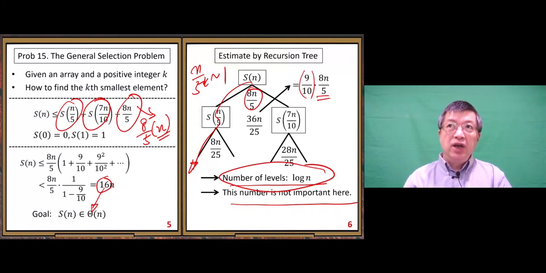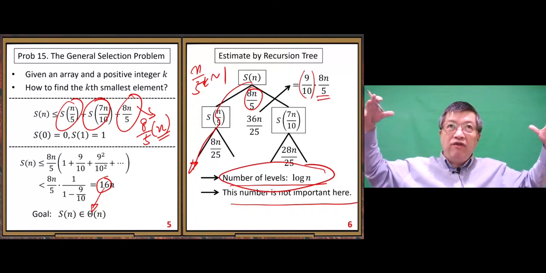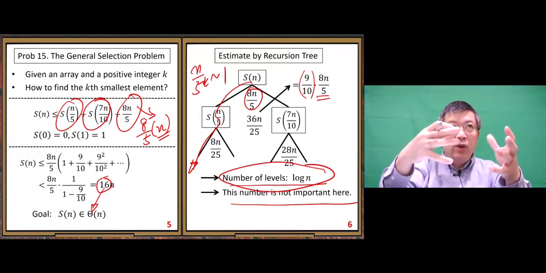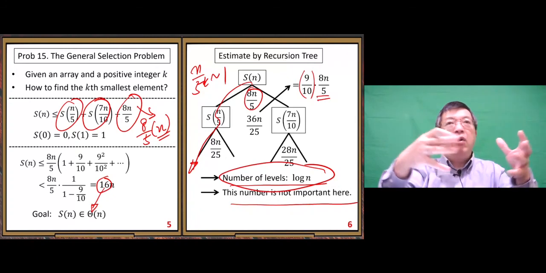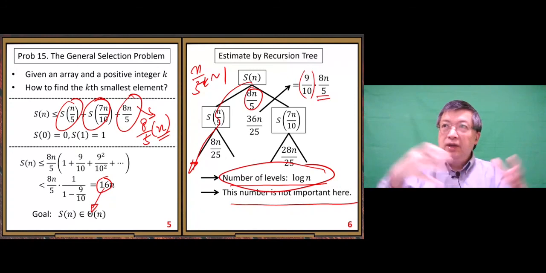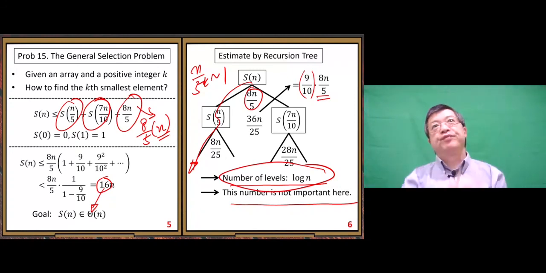So you can see with the tightening, changing from the 3-element method to the 5-element method, we make our estimation tighter and finally reach the goal.